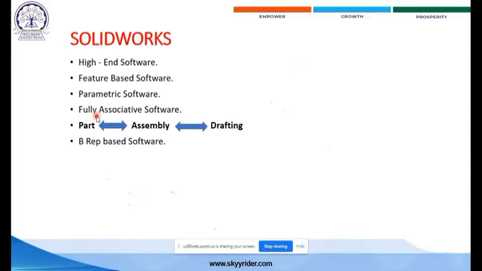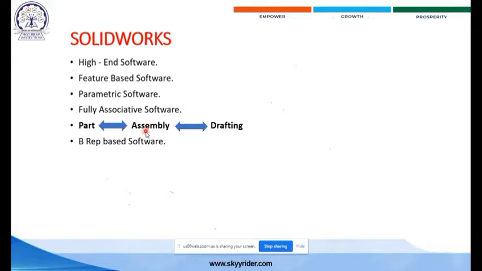The next is a fully associative software. Fully associative means the part workbench, assembly workbench, and drafting workbench are all associated with each other. Whenever we make part designs and go to the assembly, if the mating components do not fit together and some components need modification, there is no need to go back and recreate your part.